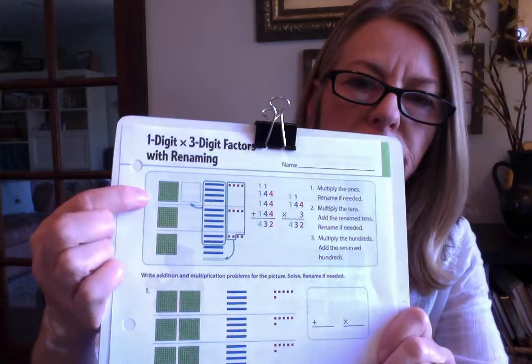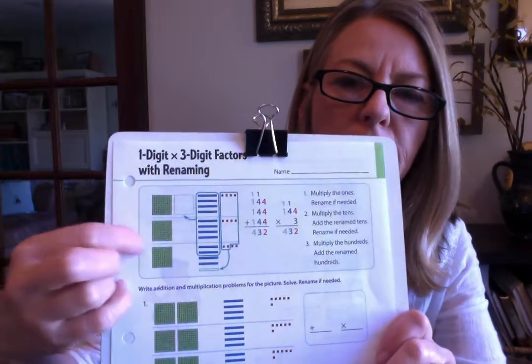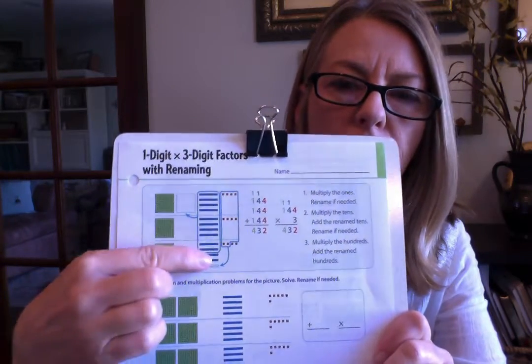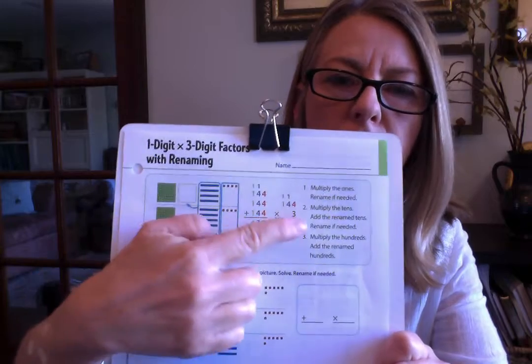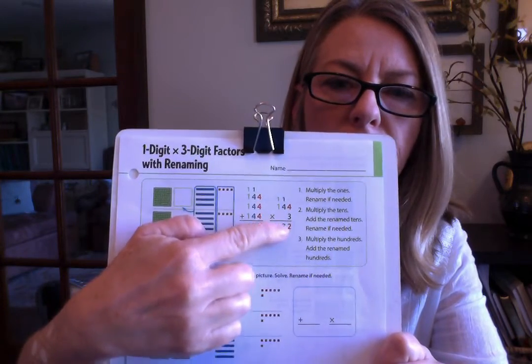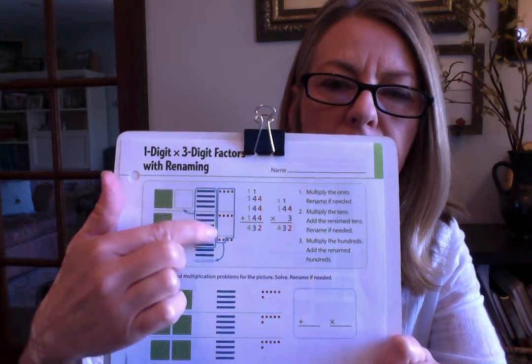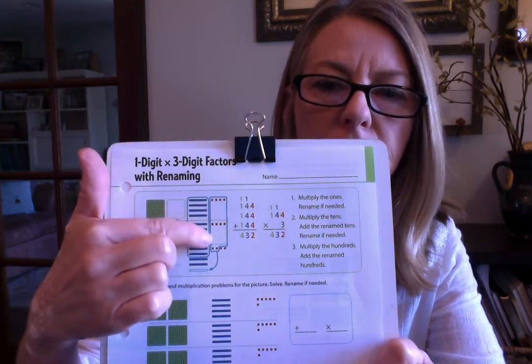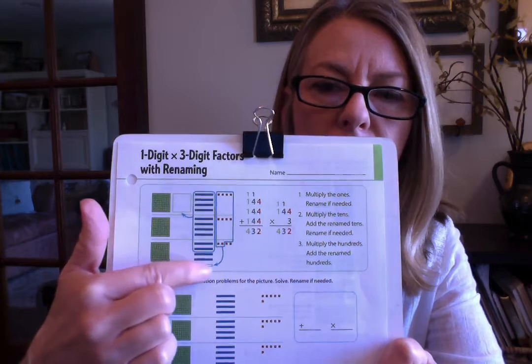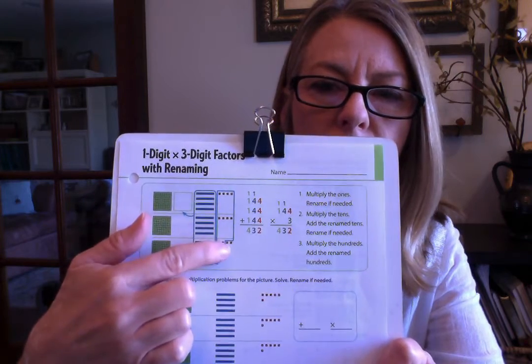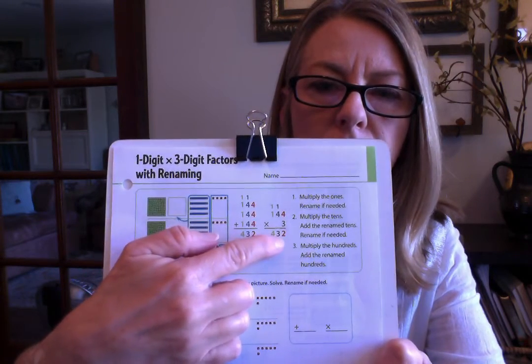So let's take a look at our pictures here. So they had 144, 144, 144. And then when they multiplied those three groups, we found that we had 12 ones. So here are our 12 ones. They circled 10 of the ones and made it into a 10. Okay, so now there are just 2 ones, and we put 2 ones right here.